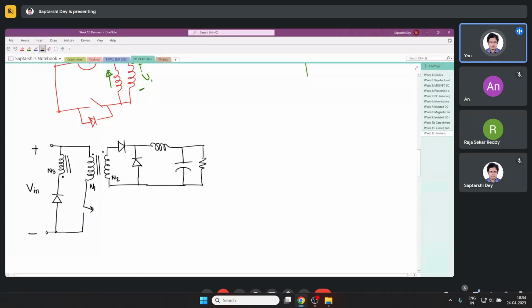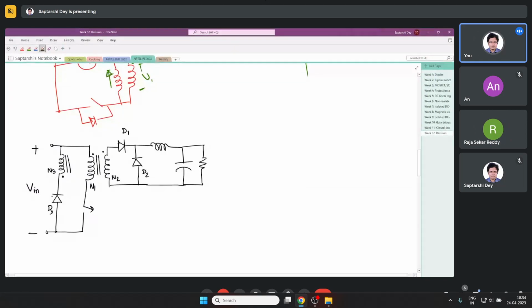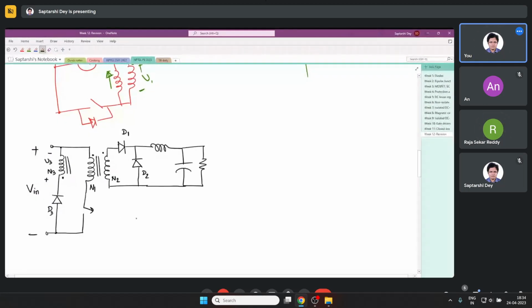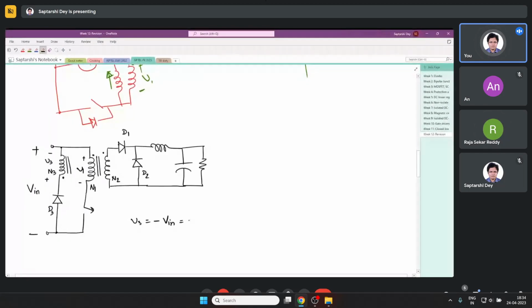So basically, when you turn off the switch, when you open the switch, we have seen how and why the diode D3 starts conducting. So if D3 starts conducting, then say if I write V3 in this fashion, then V3 is minus V in, and since I have put dot plus, and here if I also put V1, then this becomes equal to V1.